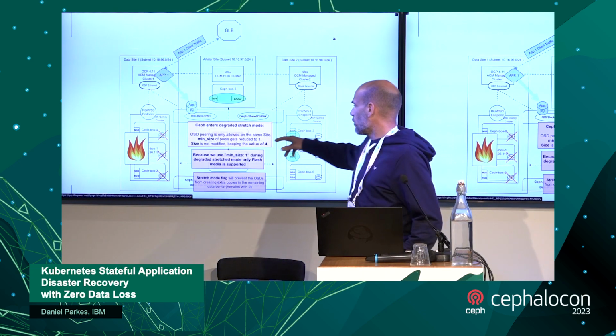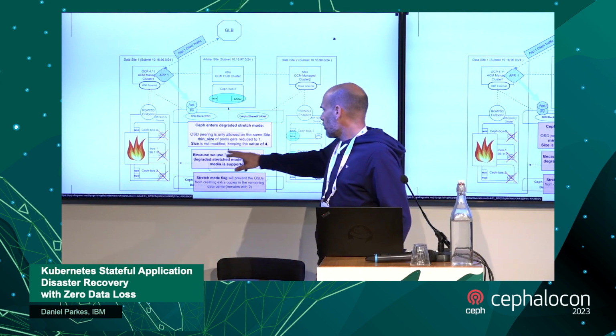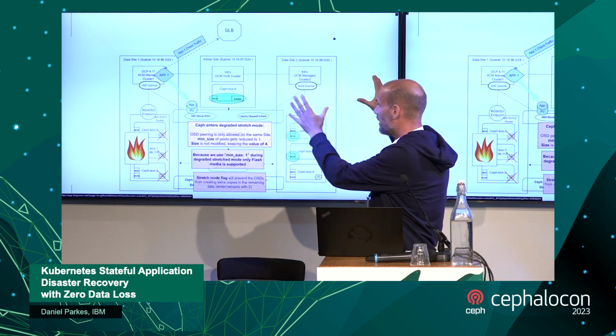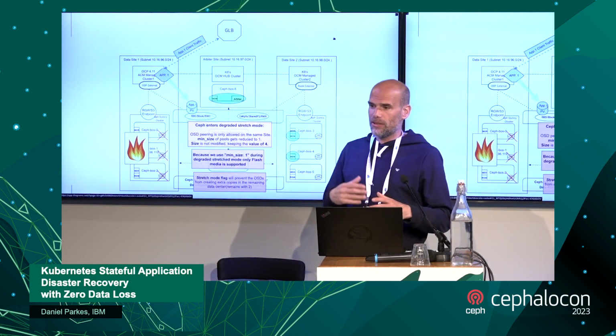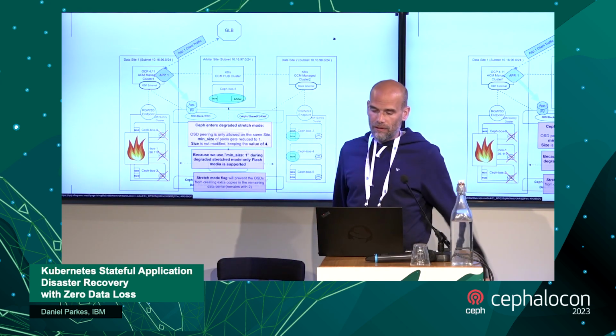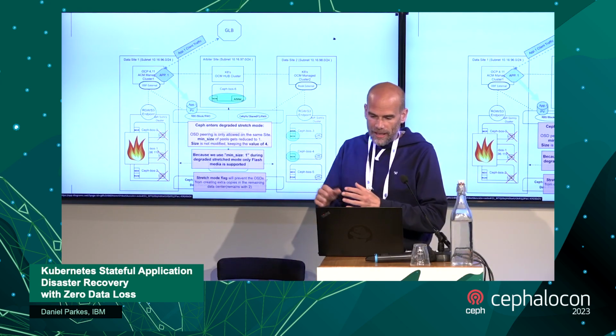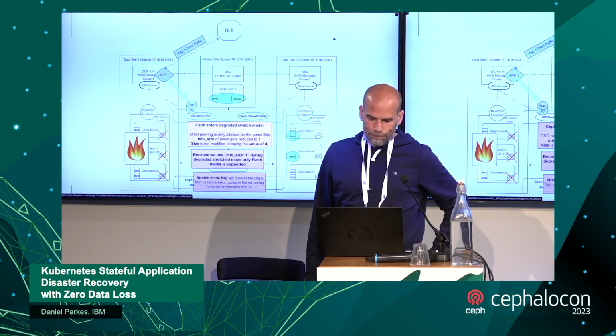Also, because we're using replica 2 for a period of time, it's recommended to only use this solution when we are working with flash media, not just because it has higher endurance, but also because it's able to recover faster. If we have another failure, it's able to do the recovery and the rebalancing faster.